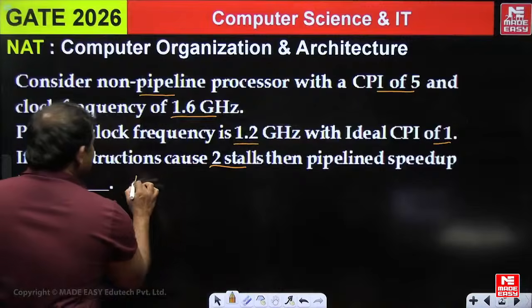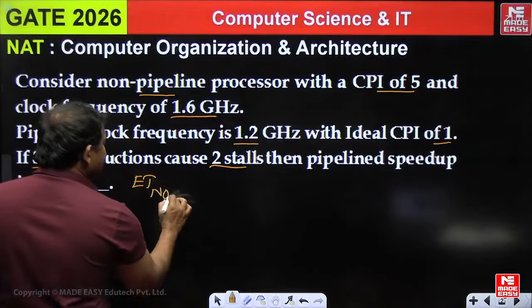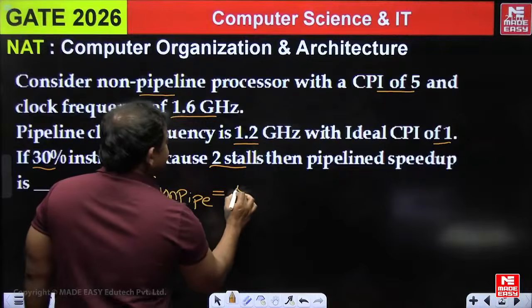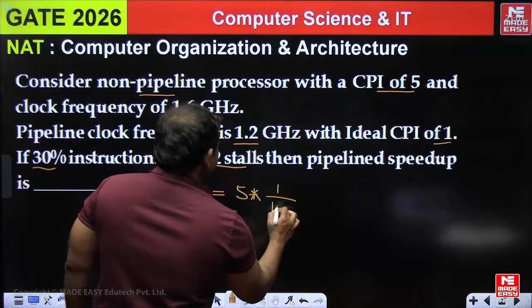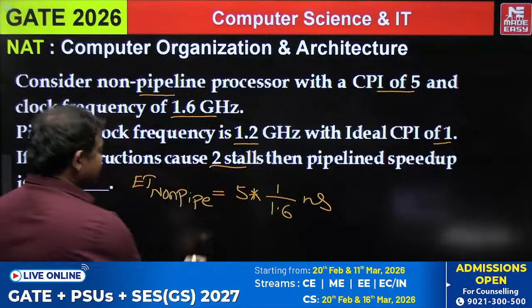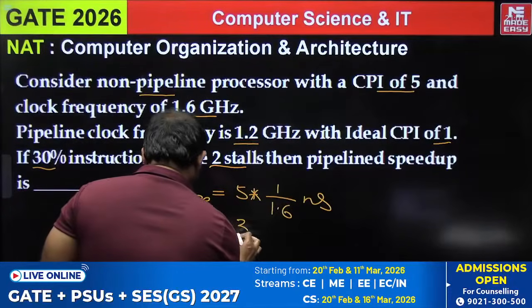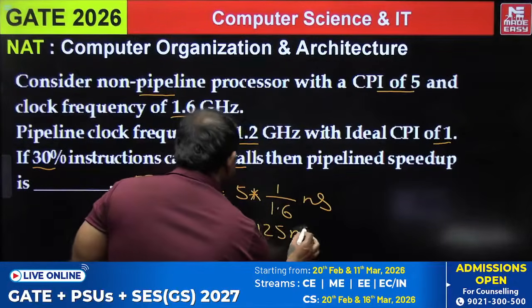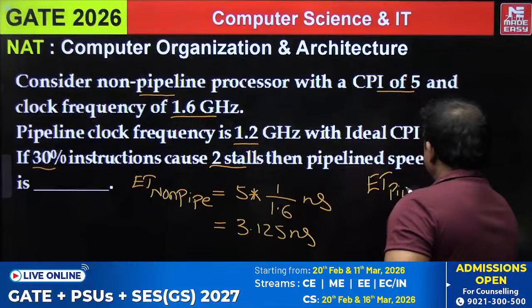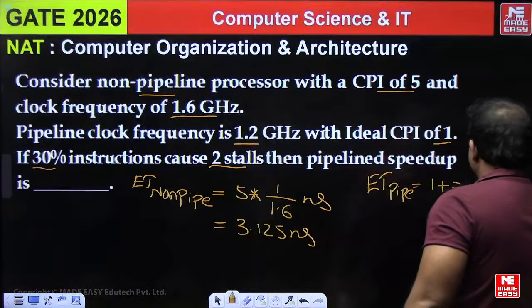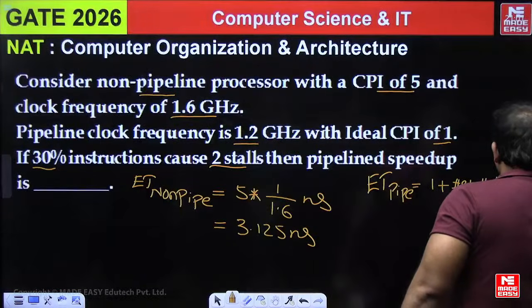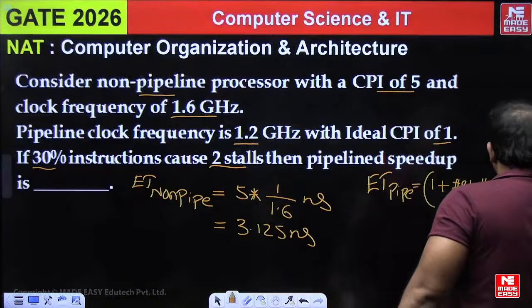Here first we should calculate execution time of non-pipeline, that is CPI into cycle time. Frequency is given, and 1 upon frequency is the cycle time. So the computational value is 3.125 nanoseconds. Then pipeline execution time is 1 plus number of stalls per instruction into cycle time, TP.